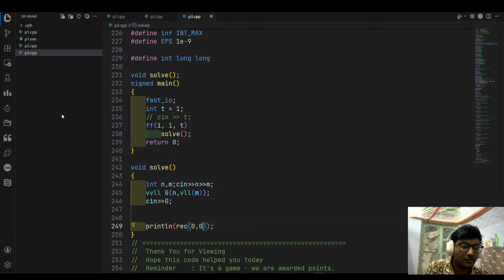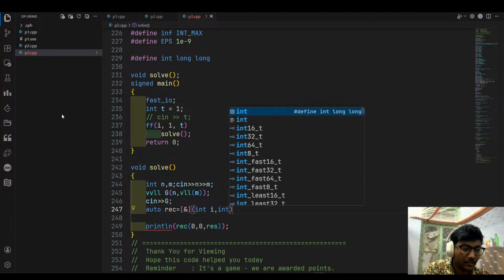Of course, I should pass self because I'm writing combinator based. I should say recursive lambda function, so the auto rec, int i, j.